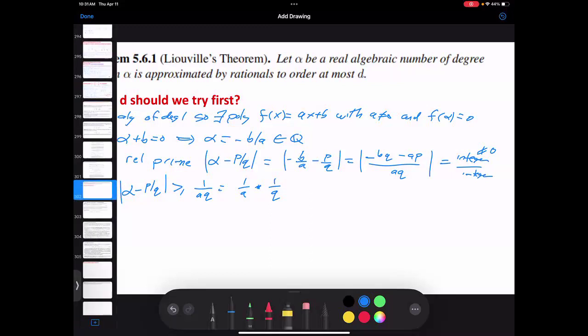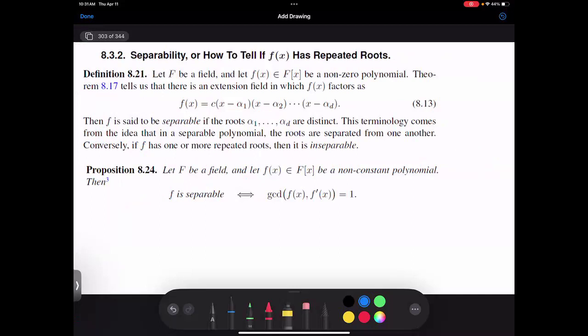So the next thing I want to talk a little bit about is separability, or how to tell if f of x has repeated roots. So F is going to be a field, and this is chapter 8, which we'll get to on Tuesday. For us, typically the field is going to be the rational numbers. Maybe it'll be the real numbers, maybe the complex numbers, and we take a non-zero polynomial.